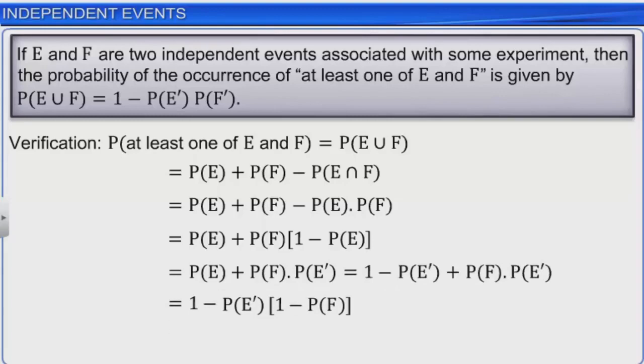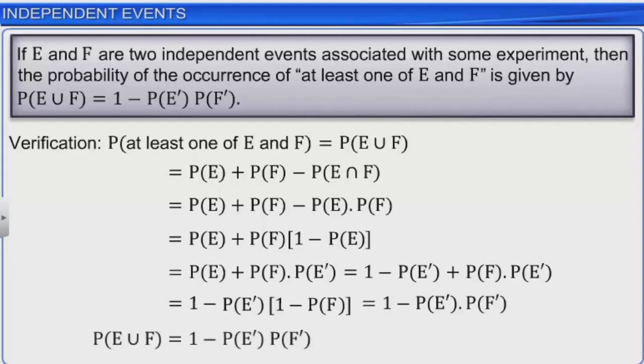Since 1 minus the probability of F is equal to the probability of F complement, we get 1 minus the probability of E complement into the probability of F complement on the right-hand side. Hence, the probability of at least one of E and F is equal to 1 minus the probability of E complement into the probability of F complement.